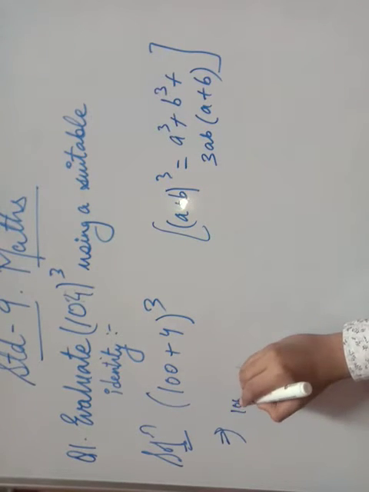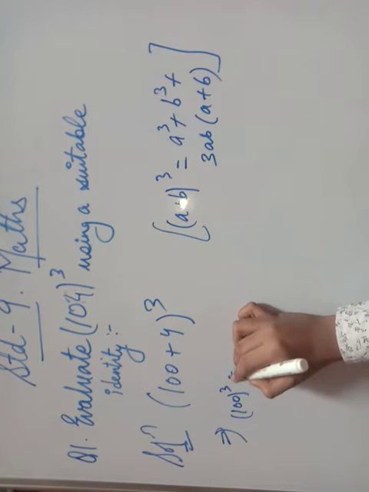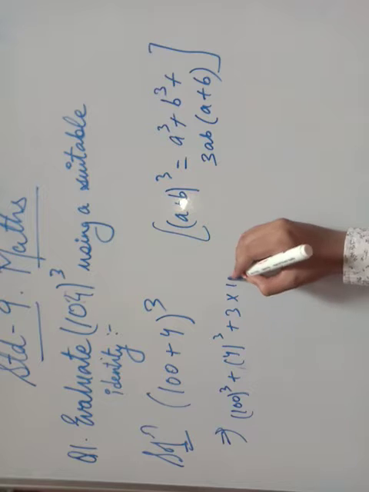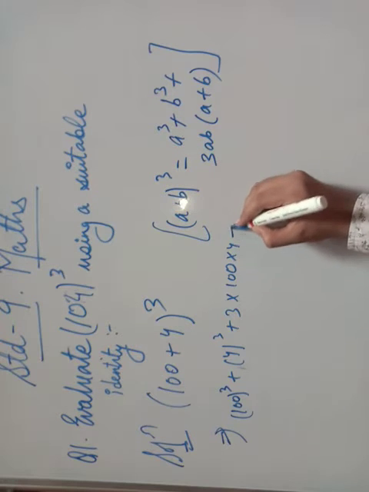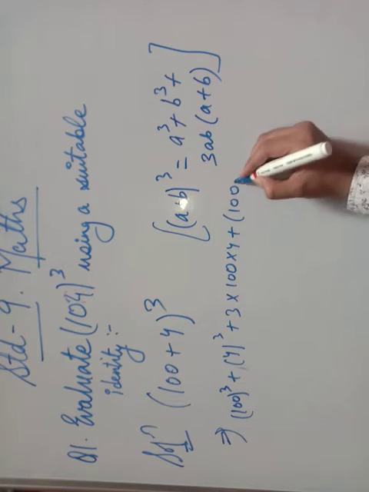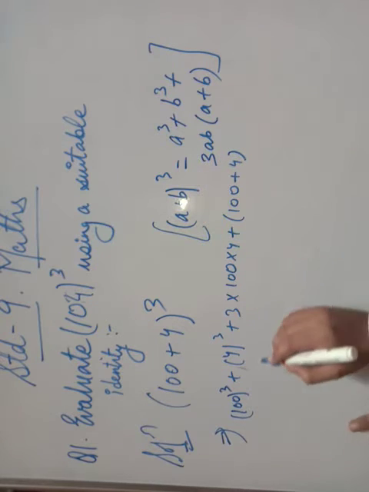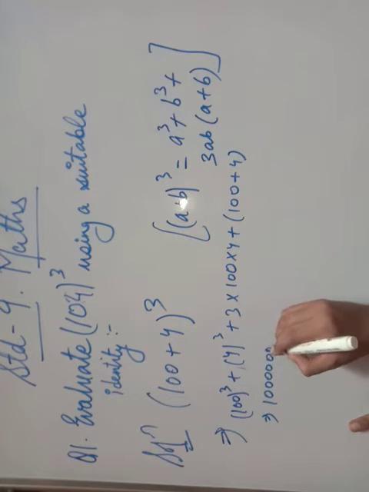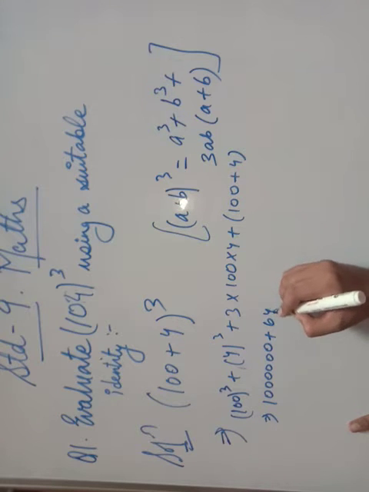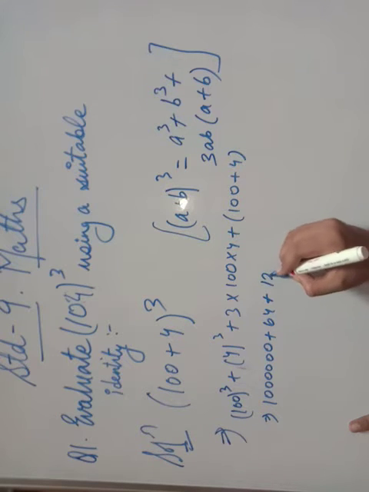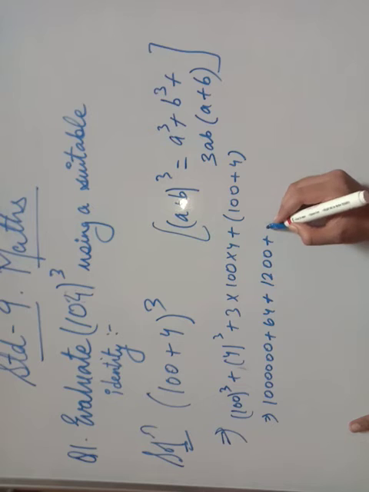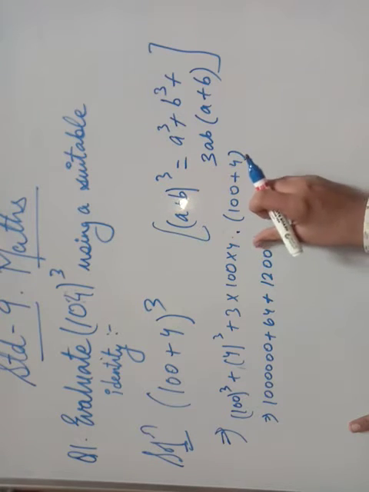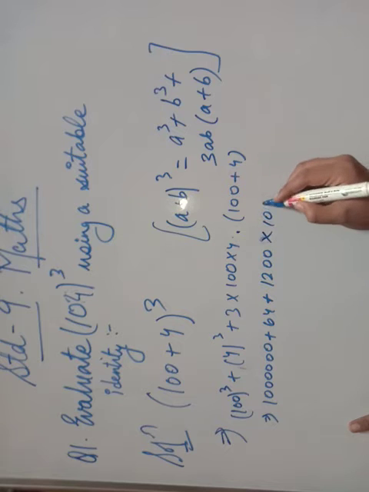So 100 cube plus 4 cube plus 3 into 100 into 4 into (100 plus 4). Now this will come as 10 lakhs, this will come as 64, this will come as 1200, and here we need to multiply by 104.